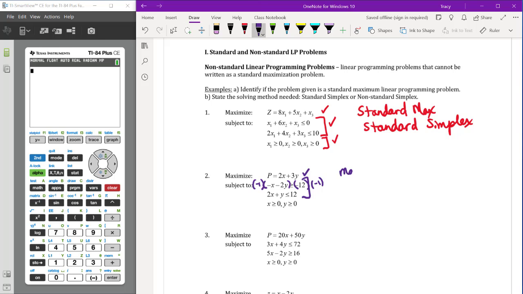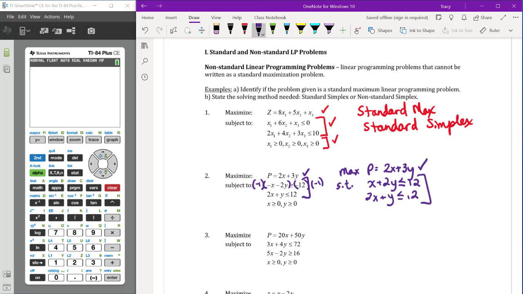So now our maximize stays the same. Maximize p equals 2x plus 3y. Subject to, when we multiply by the negative, we now have x plus 2y is less than or equal to 12. There's our less than or equal to sign. Our second constraint was 2x plus y less than or equal to 12, also a less than or equal to constraint.